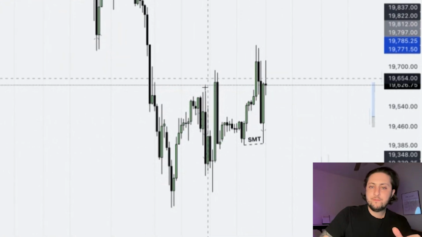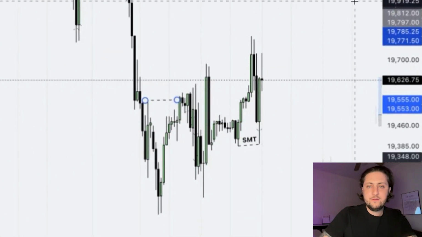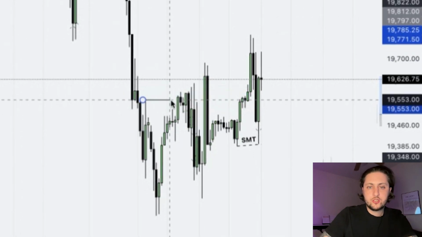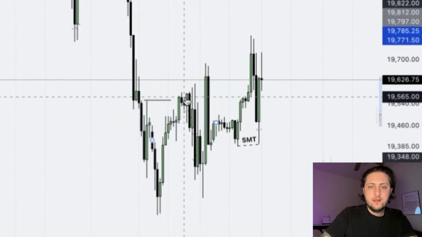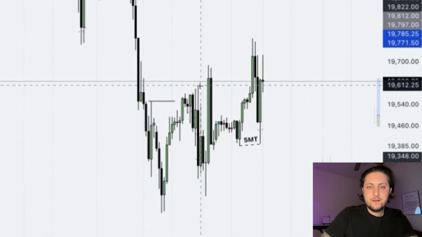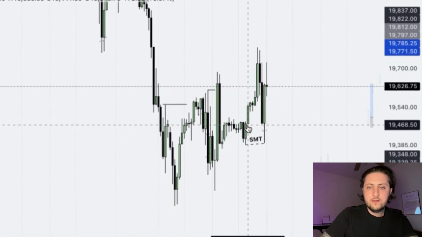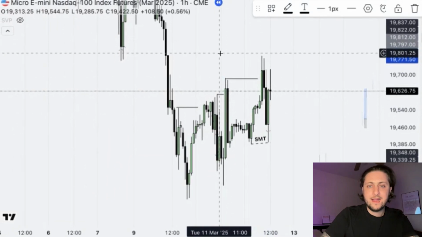Just pushing higher, making a higher high right here. So this is our initial market structure shift. We put in a lower low, we put in a higher high, we put in a higher low, and now a higher high right here. Then we put in a higher low, consolidate, and once again, put in a higher high.